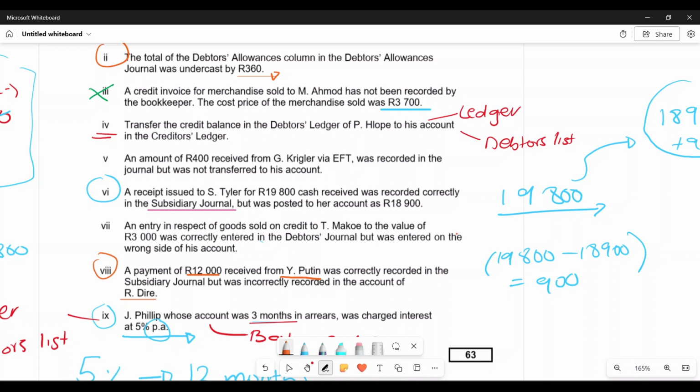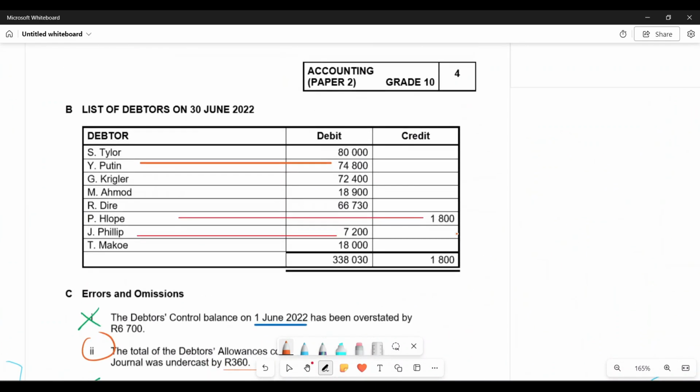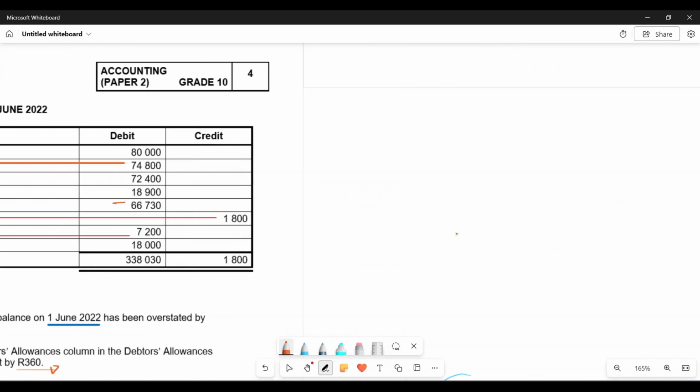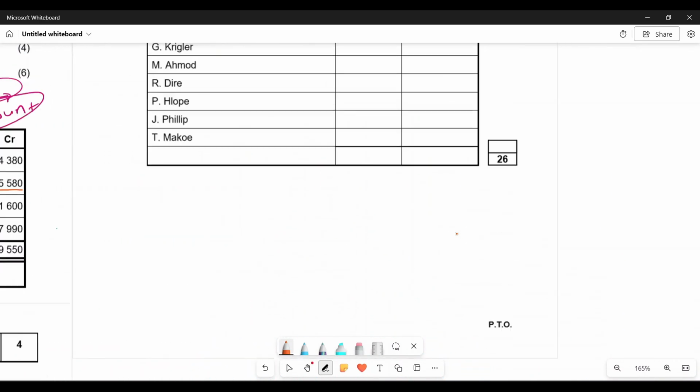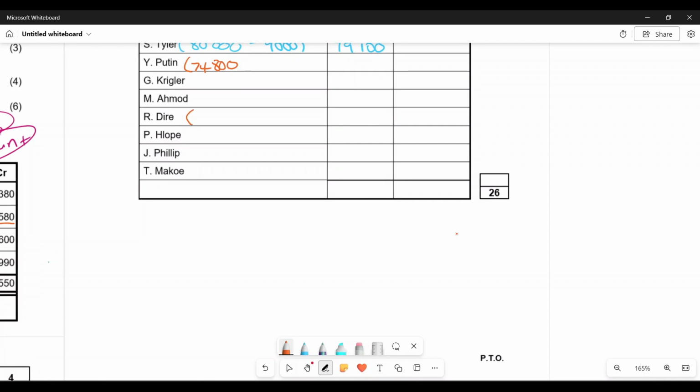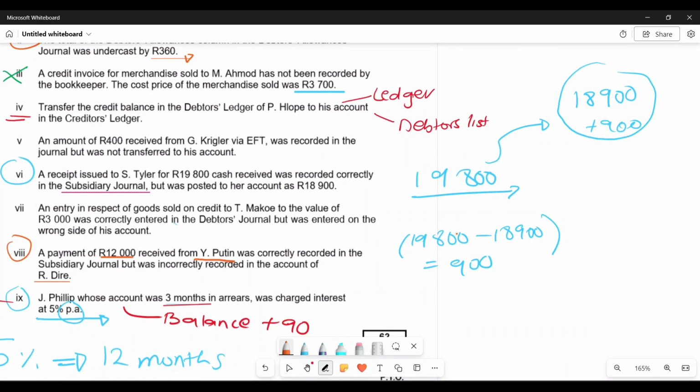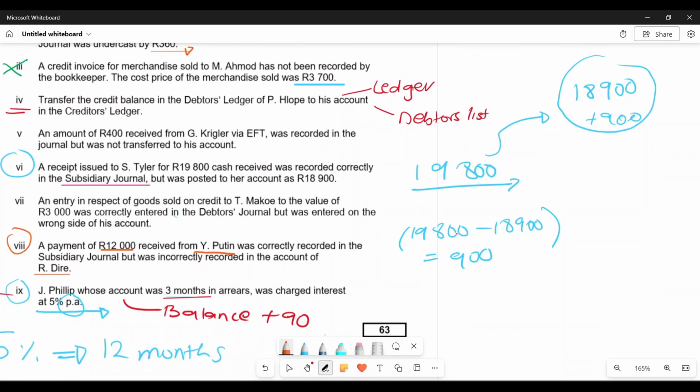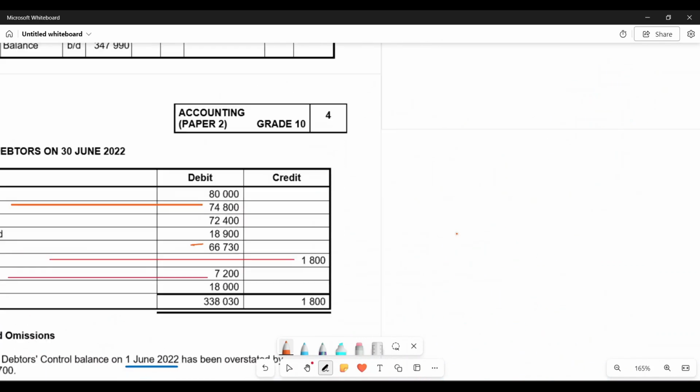So as a result, let us do the correct thing. First we would start by cancelling out this amount on Ardaya, right? So let me see how much Ardaya is owing me. Ardaya is owing me 66,730, right? And because Y Putin paid 12,000 and we mistakenly recorded it as his payment, we would need to add back the 12,000 in his account.